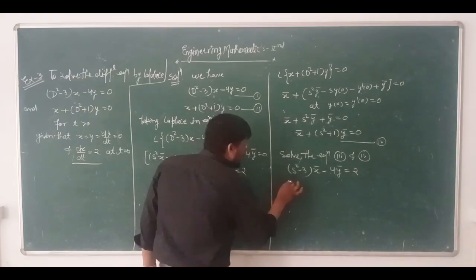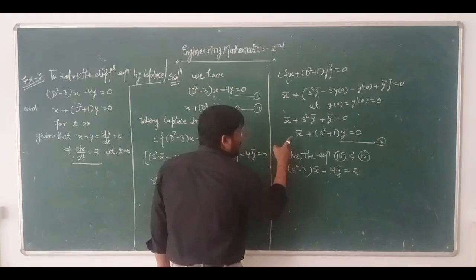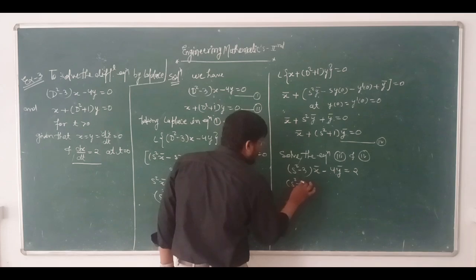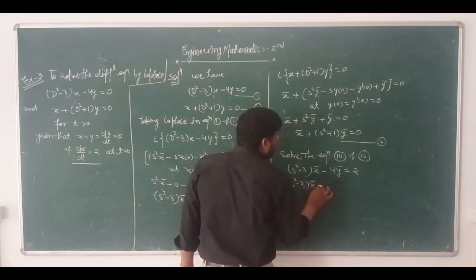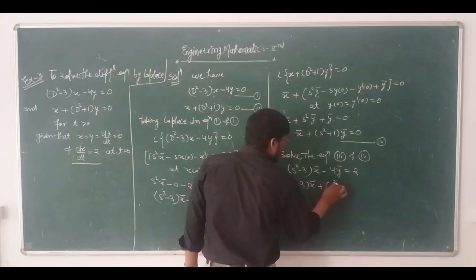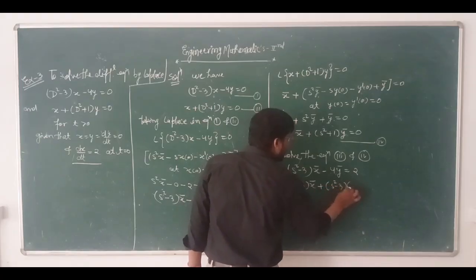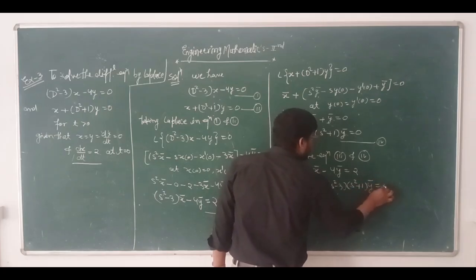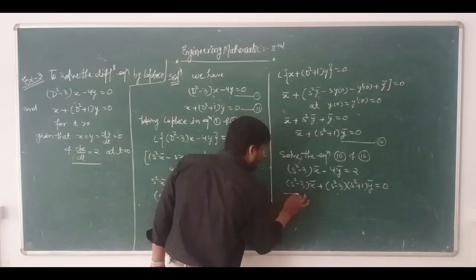Now you can multiply this equation number 3 by (s square minus 3). Now you can write (s square minus 3) times Laplace of x plus (s square minus 3)(s square plus 1) Laplace of y is equal to 0.